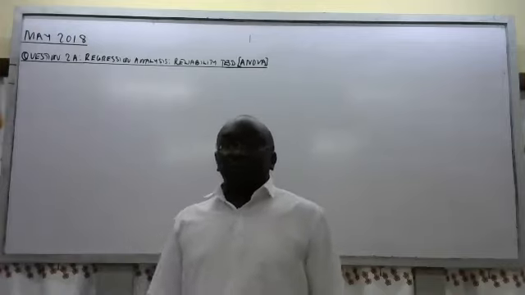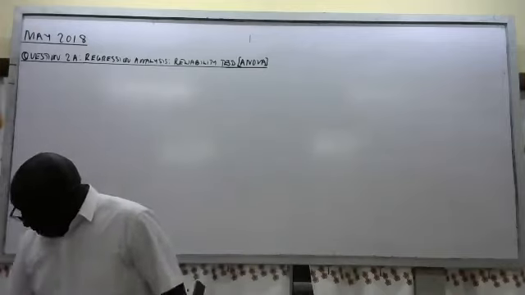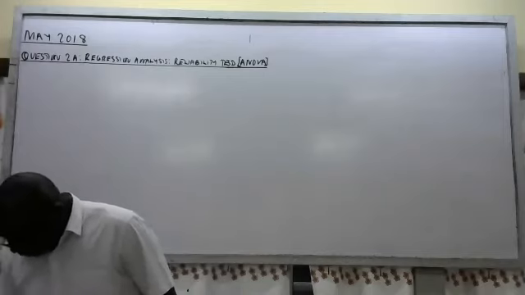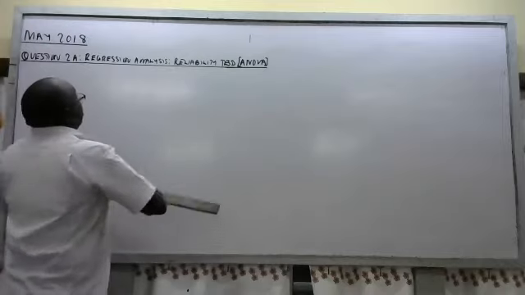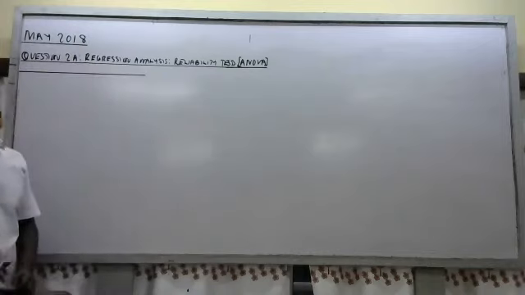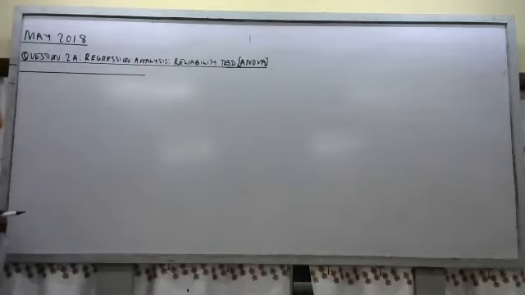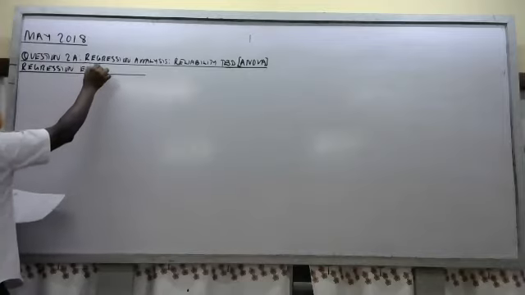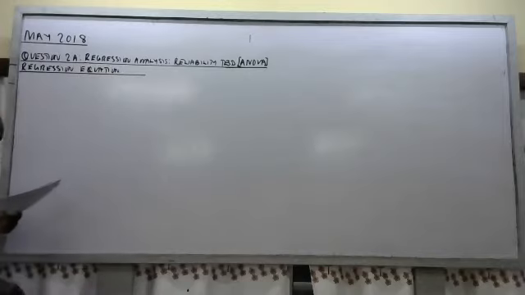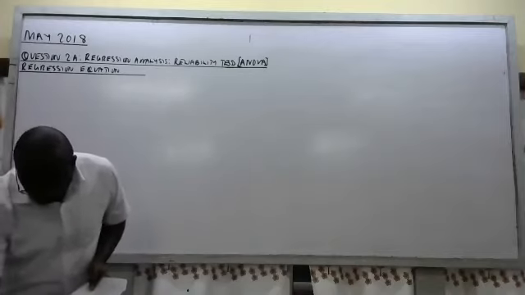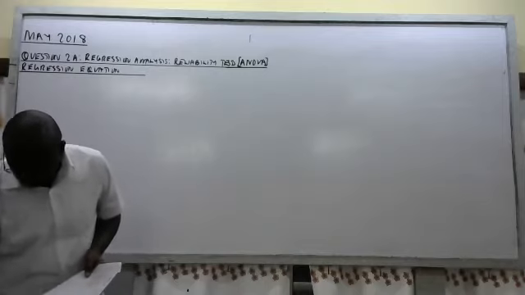If it is coming from there, number one, we are told to do the regression equation, and we are told to round our answers to 2 decimals.